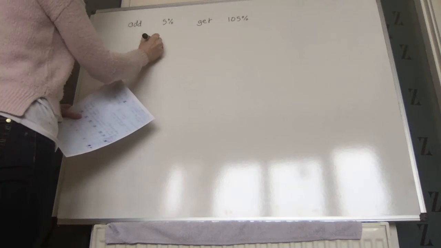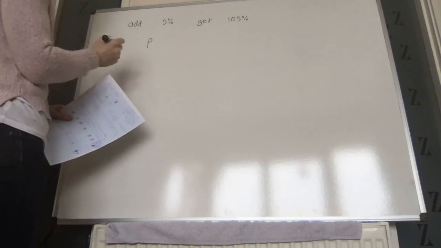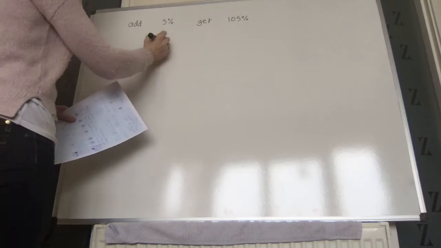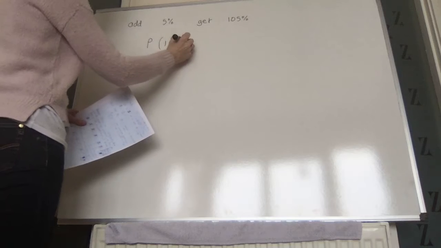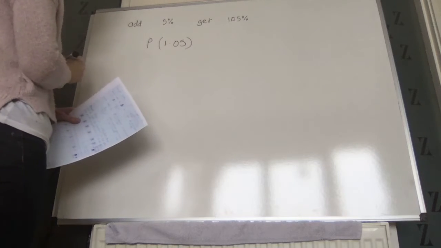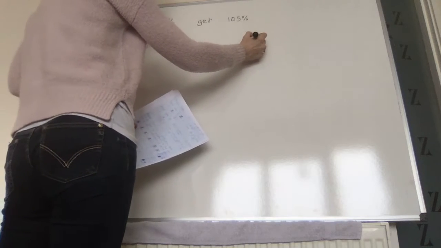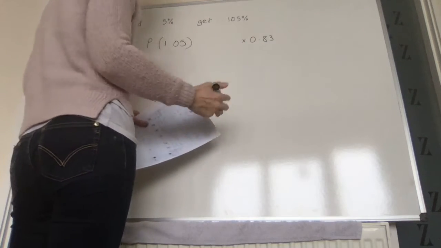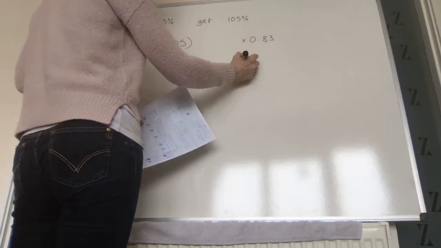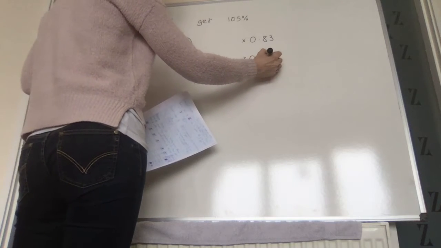So if the number is P, to find 105% of a number, you multiply the number by 1.05. Okay, to get 83% of a number, you multiply the number by 0.83. To get 12.5% of a number, you multiply the number by 0.125.